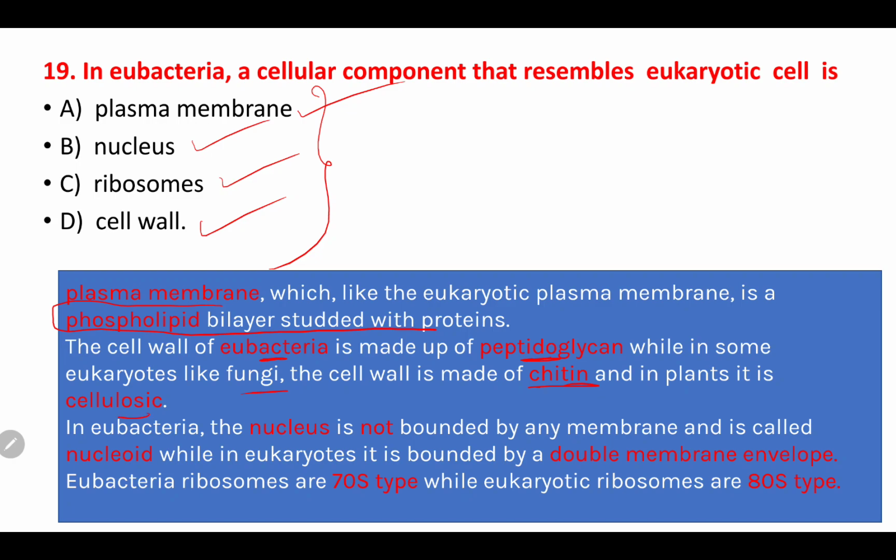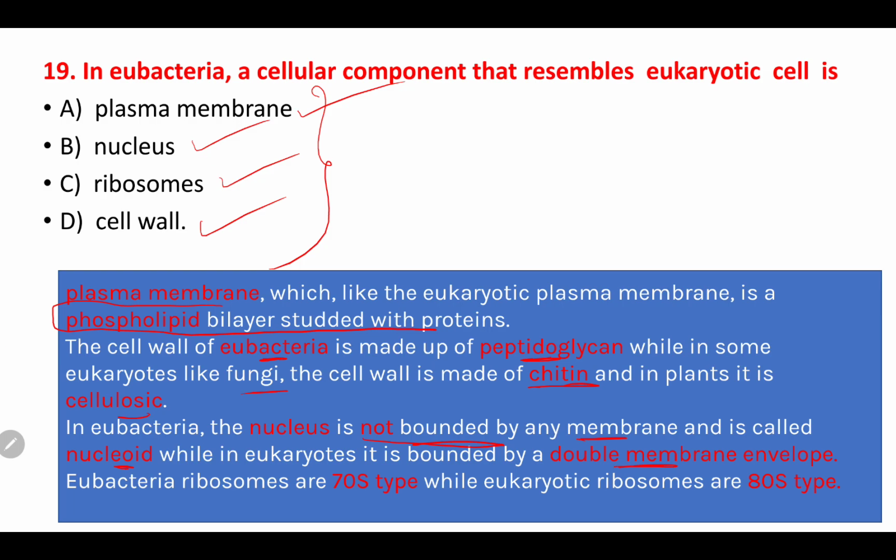So, here cell wall is not a correct option. Then next, when it comes to nucleus, the nucleus of eubacteria is not bounded by any membrane, and it is called nucleoid, while in eukaryotes it is bounded by double membrane.